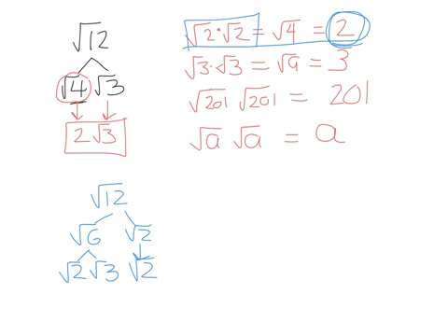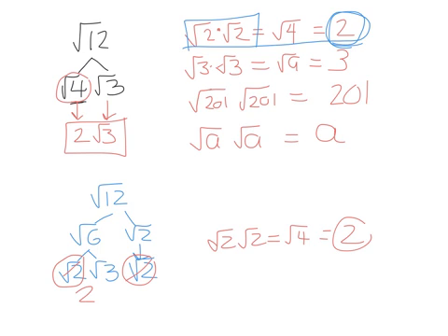Now I have to simplify this because rad 2 times rad 2 equals rad 4, which equals just plain 2. So these equal just plain 2, and I have to multiply that by the rad 3. So you'll get to the answer by using any two factors that multiply to 12, but if you use one that is a perfect square, it just speeds it up a little bit.